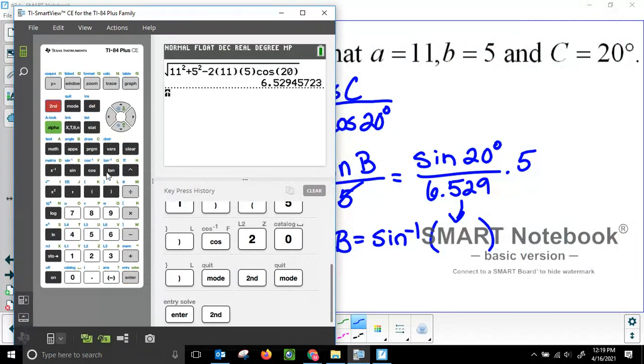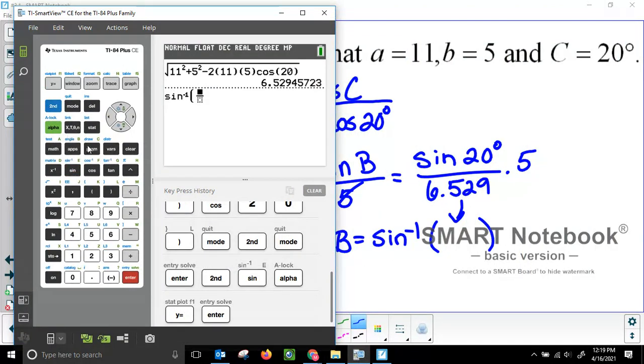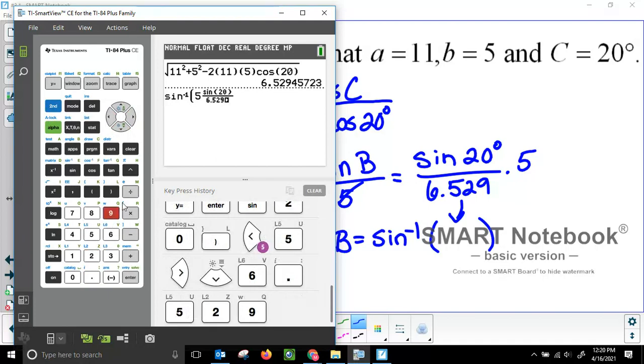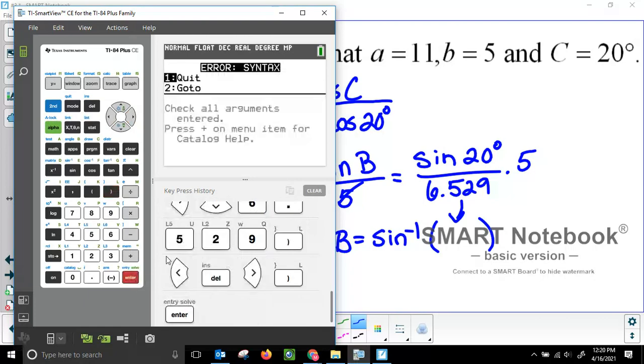So we will get the inverse sine of the sine of 20 degrees. And actually, that's all times 5. So I'm going to put a 5 out here. You can put it in the numerator, you can put it out in front. It doesn't matter. It'll still multiply just the same. And then this is 6.529. Whoops, don't want that there. I want it out here. What happened there?